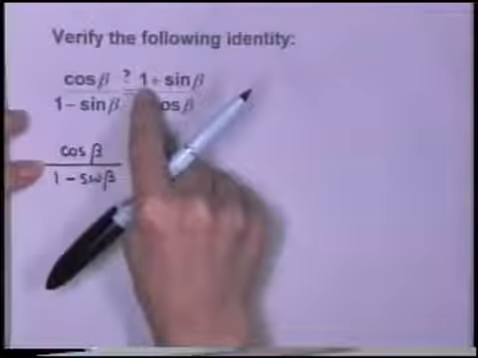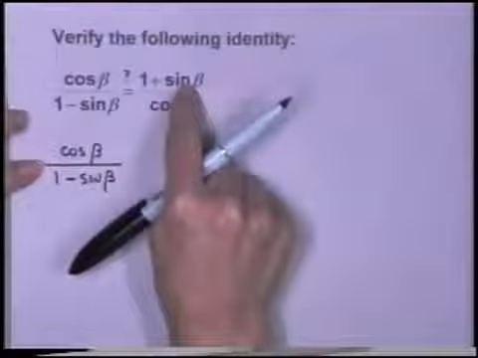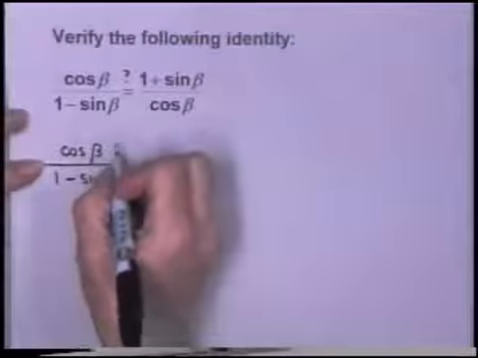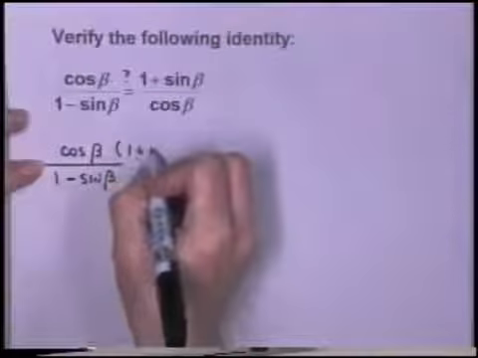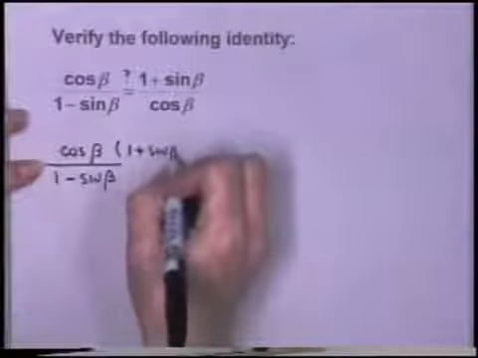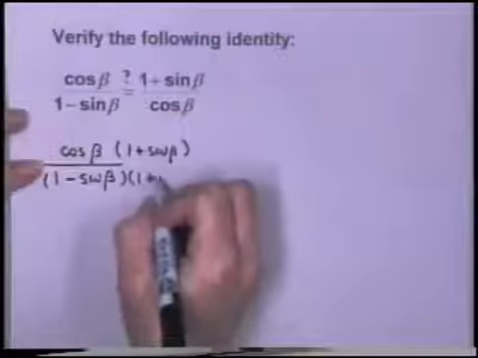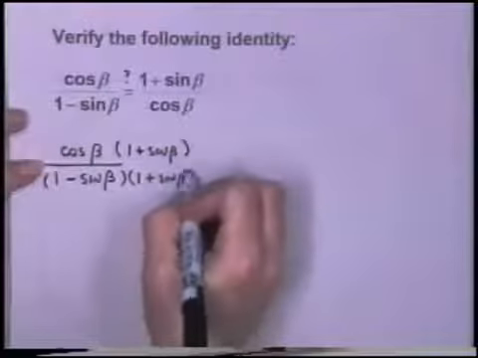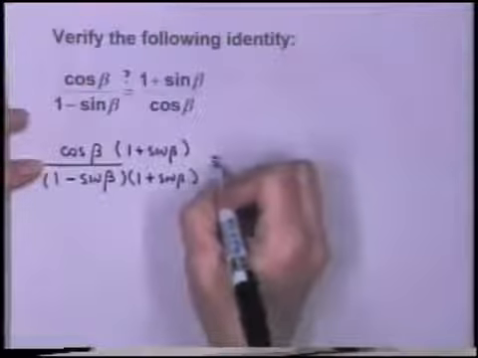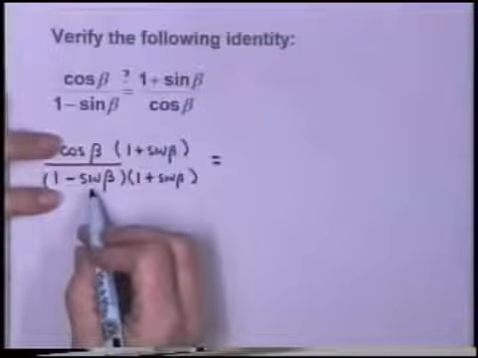So as I look at this, if I want to have a 1 plus sine beta in the numerator, well, I can get it there by simply multiplying this numerator by 1 plus sine beta. But if I multiply the numerator by that, I also have to multiply the denominator by that to produce my equivalent fraction.